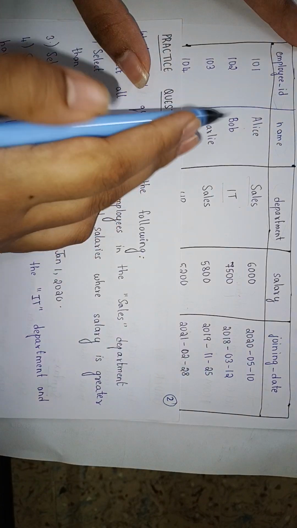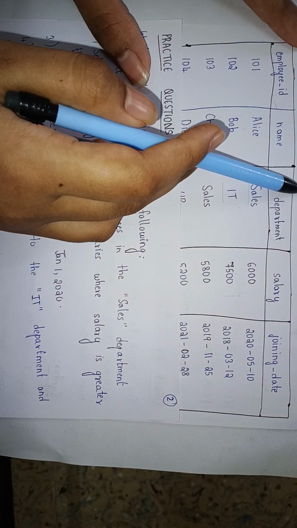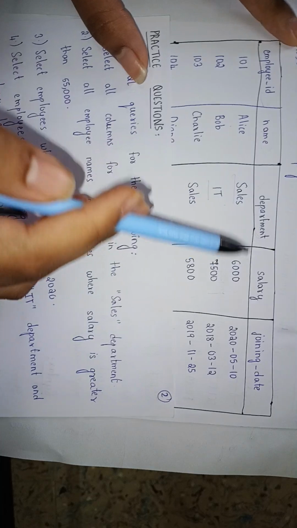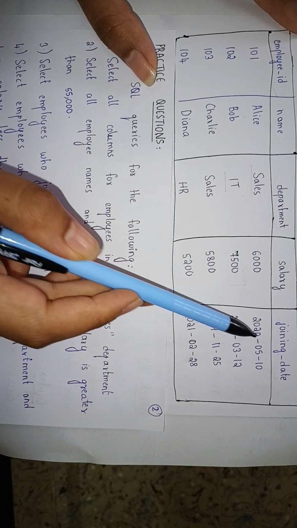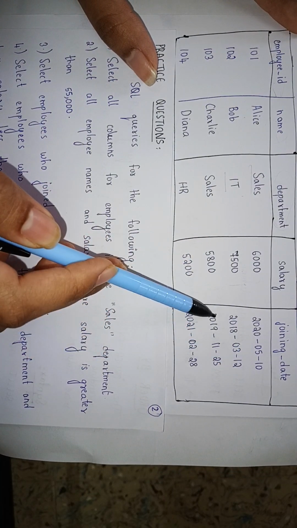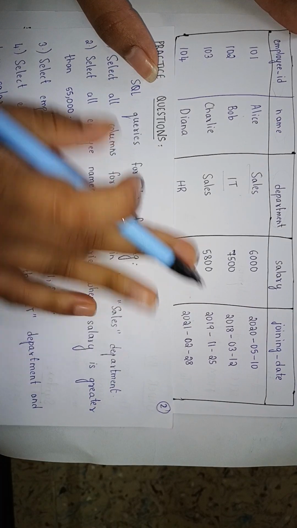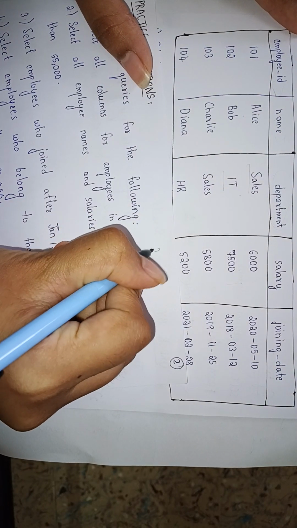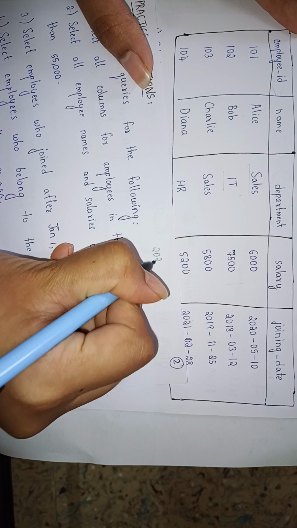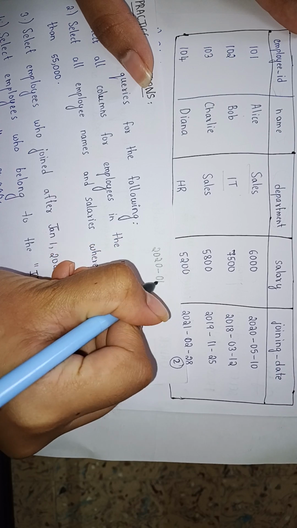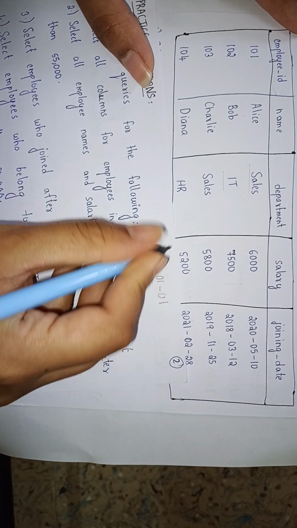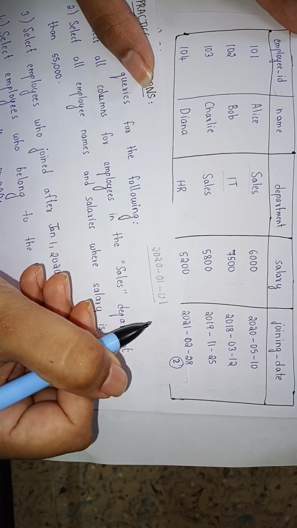Select name from employees where joining date greater than, joining date is in this format, right? 2020, Jan 1st, joining date greater than this.